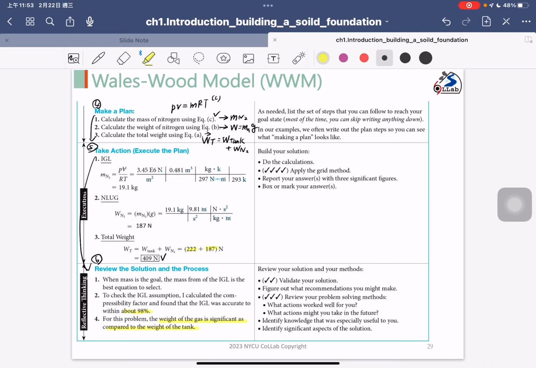Okay, so I think the method shown here is a very good example. In the following class, when we do the exercises, we are going to follow the steps like the slide shows. Not all of them, but we just follow this rule to find the answer for our questions.